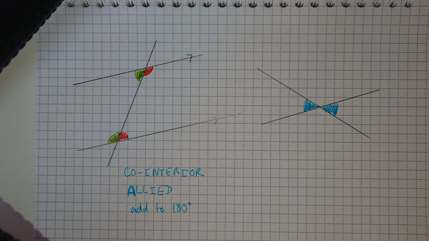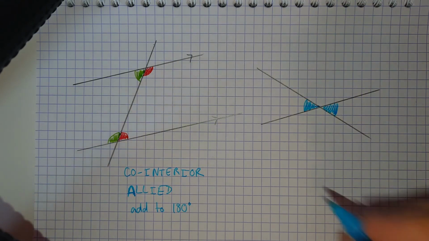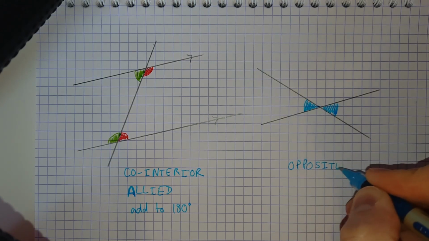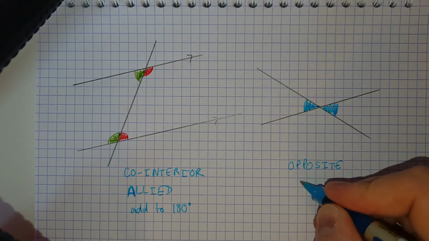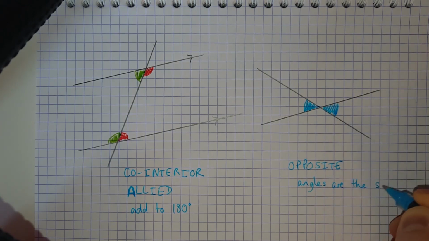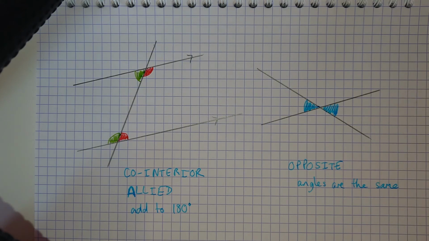It might be fairly obvious to you that they are the same size, and these are called opposite angles. And opposite angles are the same size.